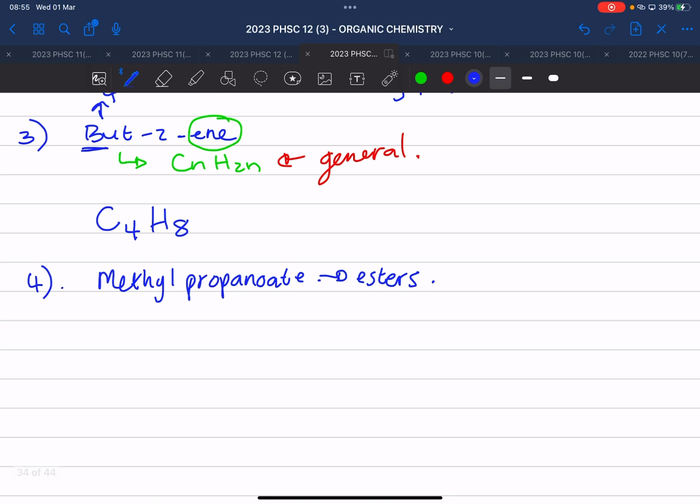Tiamo, this belongs to the esters. What does the functional group of the esters look like? The functional group of the esters, what does that look like? It's 3 carbons. Just the functional group.